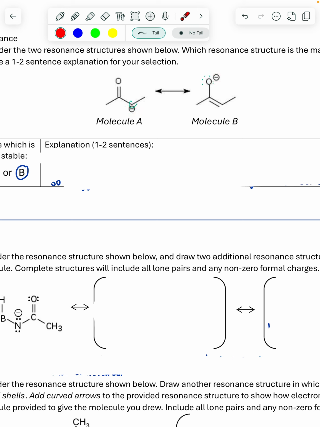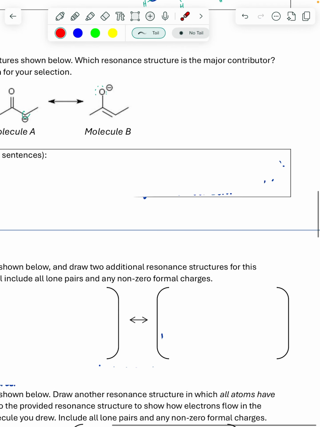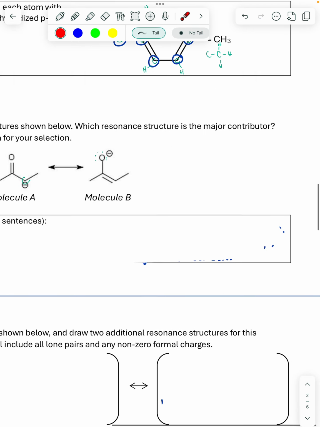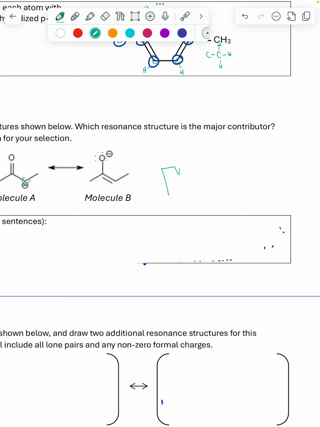And we know that oxygen is a more electronegative atom, because if we're looking at the periodic table, if I can draw it, we know that there's carbon and then oxygen is next to it. Electronegativity increases as we go across the periodic table.